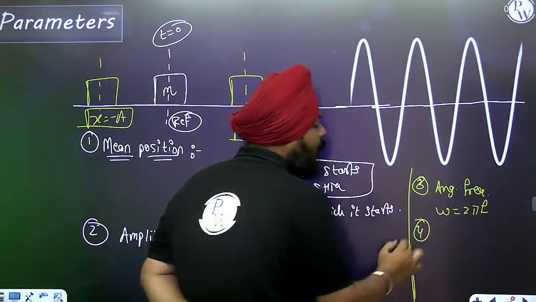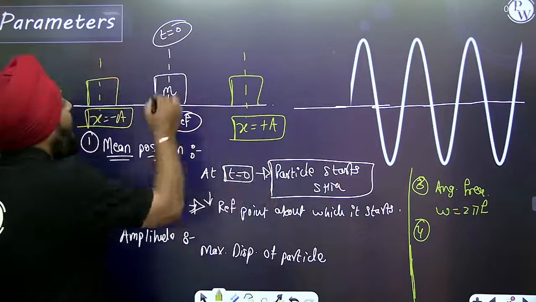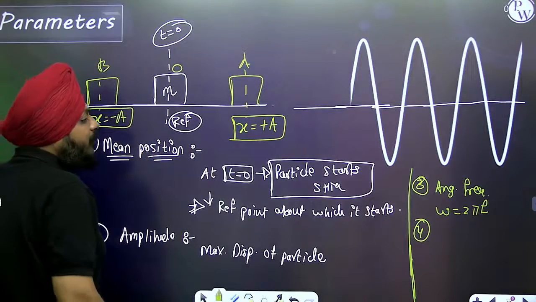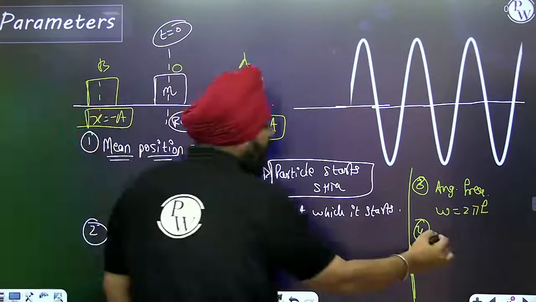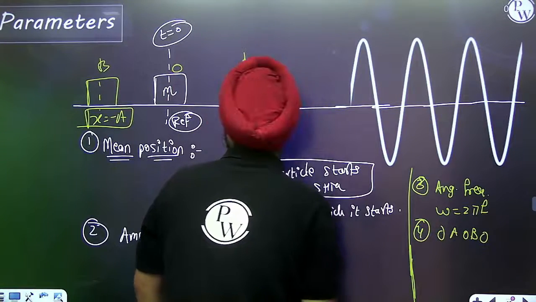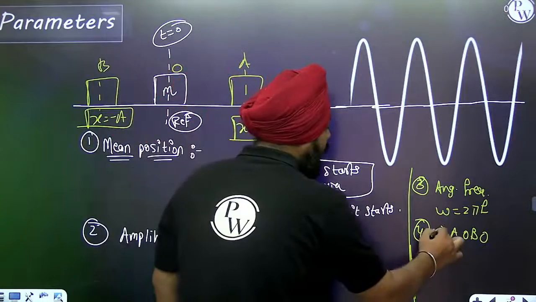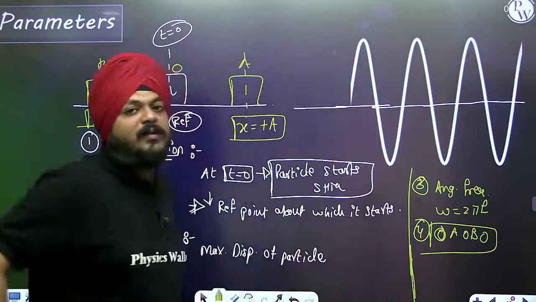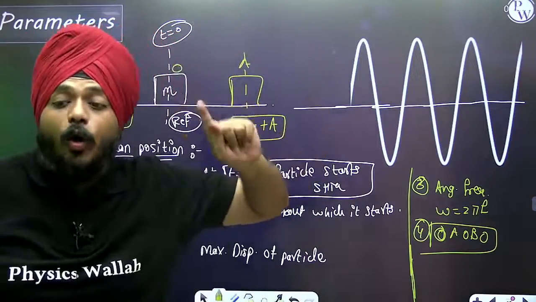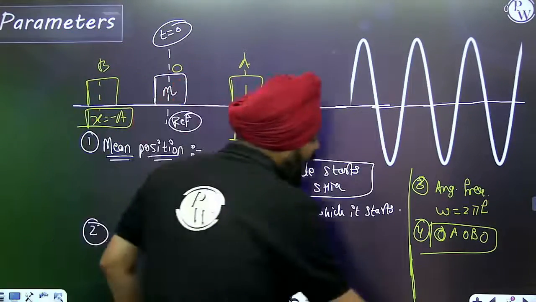And the time period of the oscillation, starting from mean position O, A, O, B, O. What is the time period of the oscillation? Time taken to cover the path O, A, O, B, O. Time taken to cover this much path is nothing else but the time period of the oscillation, which is the inverse of the frequency.